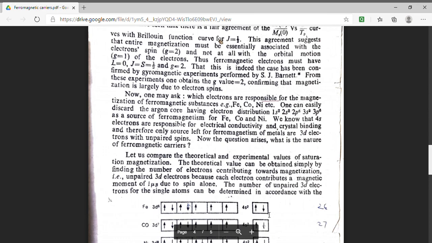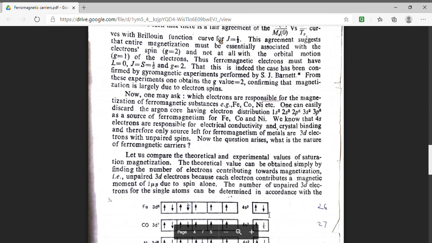The second important conclusion is that the magnetization which arises for temperature less than Tc arises only because of spin moments, because we have proved that J equals half and orbital motion has no contribution to magnetization.